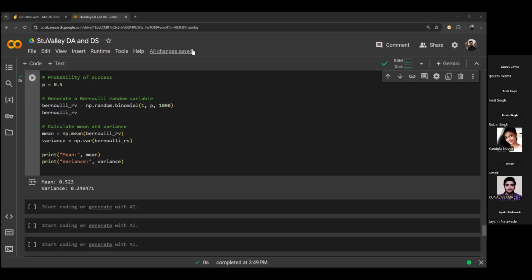Okay, what is the difference between standard deviation and variance? Variance is a squared deviation, and standard deviation is its square root. Yes, correct.